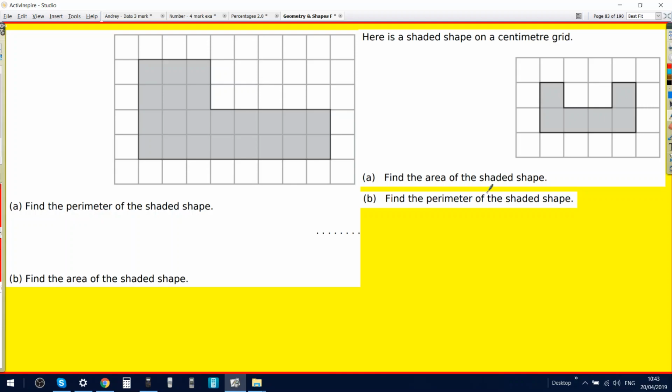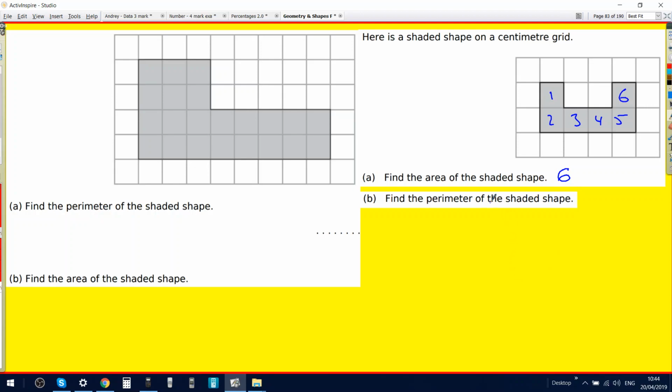So 4 times 2, that would be 8. Yeah, but it's missing some squares. 8 minus the 2 missing squares. Oh, 6. And so another way to do it is 1, 2, 3, 4, 5, 6. So it's just how many squares are inside the shape. Okay, how about perimeter?